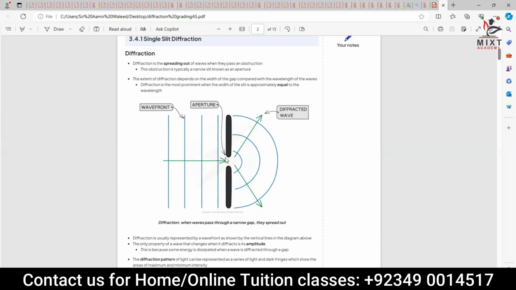Yes. The very important thing here is this: if this length, this aperture width, is less than the wavelength, or in other words this is very, very sharp, you will get more and more circular waves.